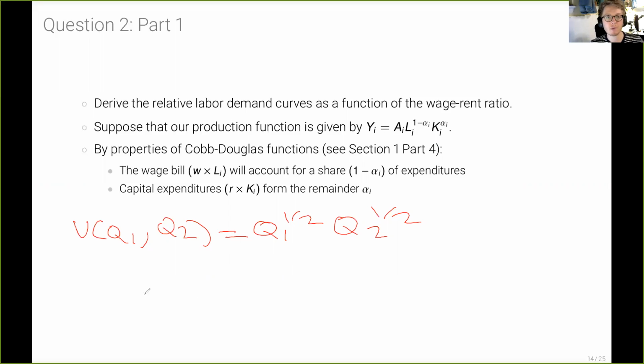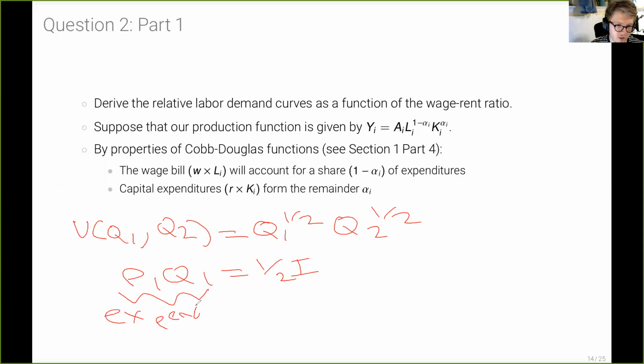Well, then the properties of Cobb-Douglas utility functions imply that we're going to spend half of our income on expenditures on good 1.